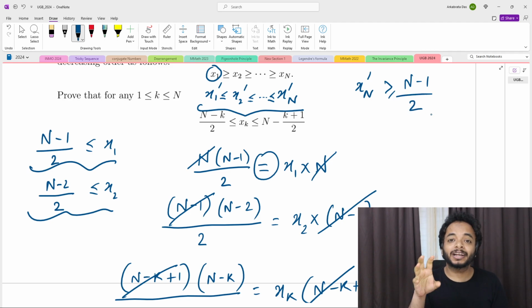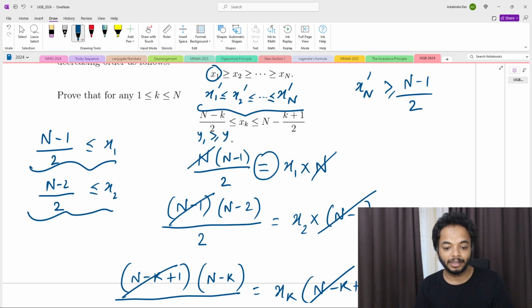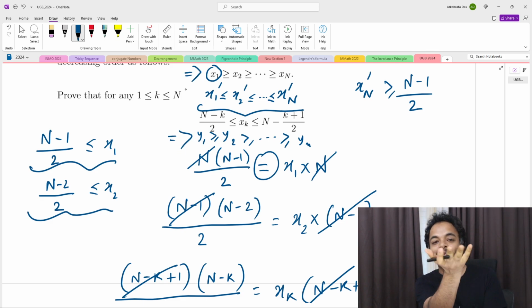Even if you are confused here, just replace this sequence: take xn dash as y1, x capital N minus 1 dash as y2, so y1 greater than y2 greater than and so on till greater than or equal to yn. And so this and the original sequence are exactly the same. It's just that it was the win and this is the loss, so it doesn't make any difference.